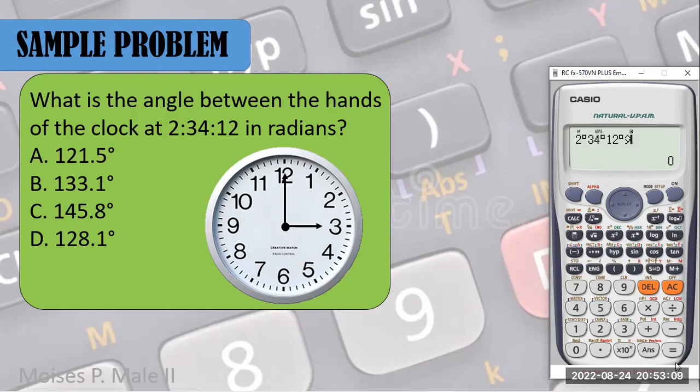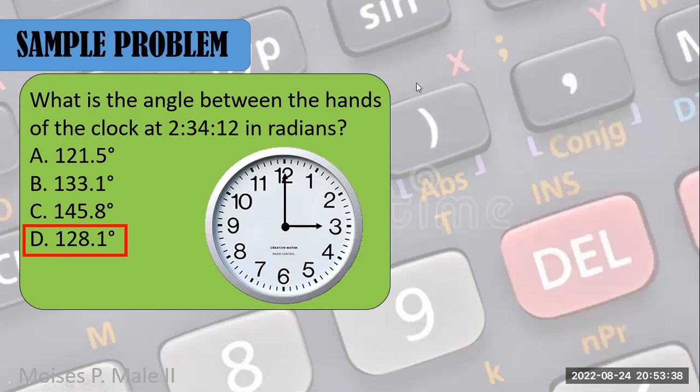So, 5. Okay. So, actually, what it is looking for is in radians, but the last choice is degrees. So, we will just use degrees. So, we have 128.1 degrees. Okay. Same thing with Canon. So, there is no difference. So, 128.1.